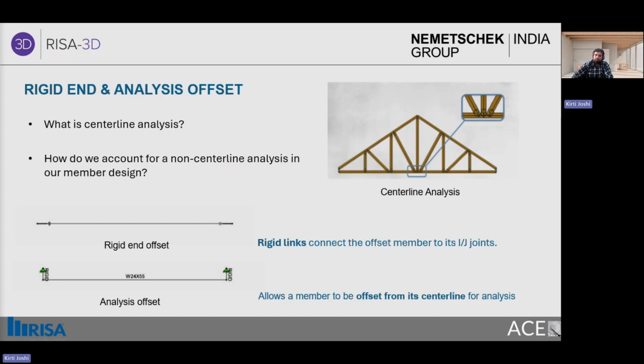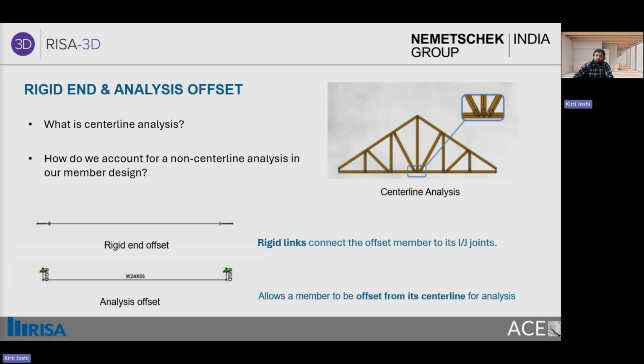Another topic we'll focus on is the two tools you can use to consider eccentricity when modeling in RISA-3D: the rigid end offset and the analysis offset. The first thing I would like to highlight is centerline analysis.